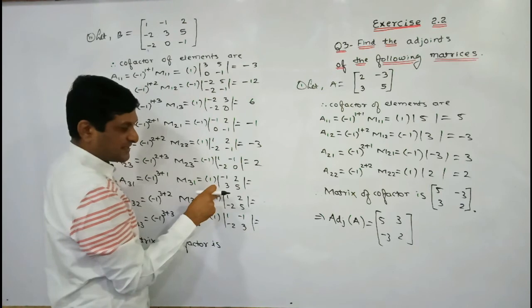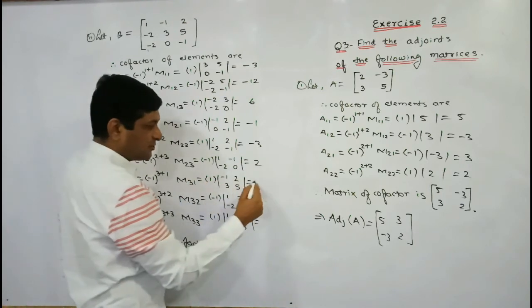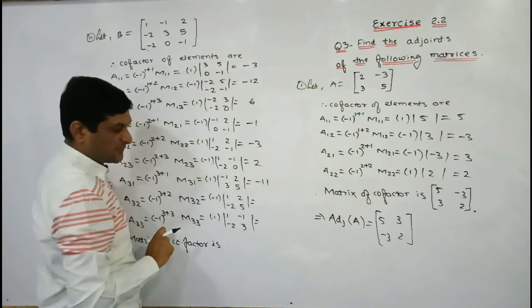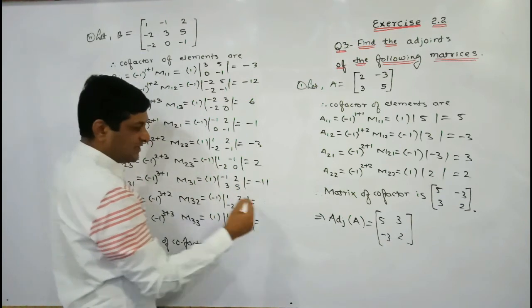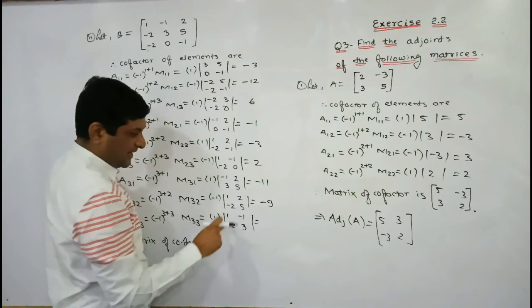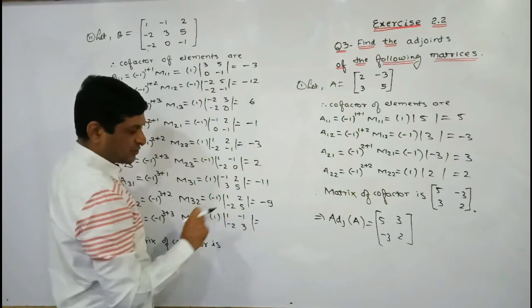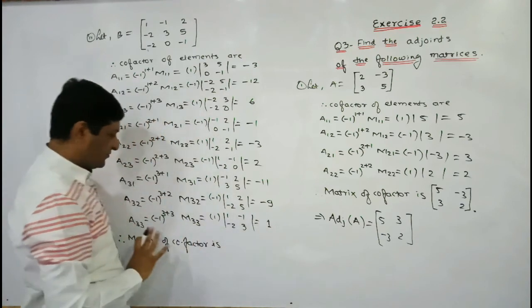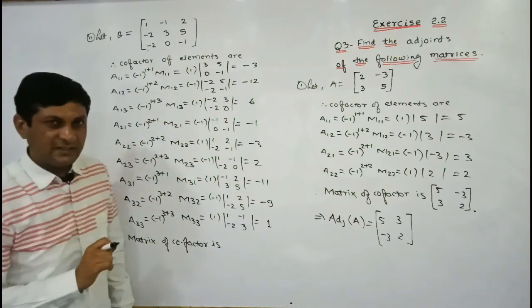-5 minus 6 is -11, -11 into 1 is -11. Here 5 minus minus means plus 4, 5 plus 4 is 9, 9 into -1 is -9. And here 3 minus 2 is 1, 1 into 1 will be equal to 1. In this way we have got the cofactor of all the elements.